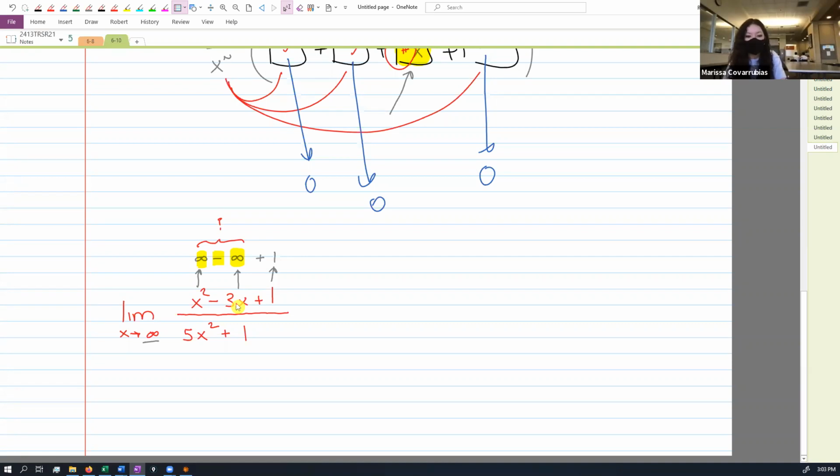The highest power, right? X squared, if I take a number and square it, that's always going to be bigger than 3 times that number, and the bigger the number gets, the more of an impact that squaring has. So the x squared dominates this 3x, which means that this will become whatever the x squared was doing. So this becomes infinite.